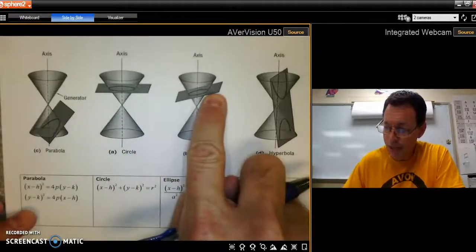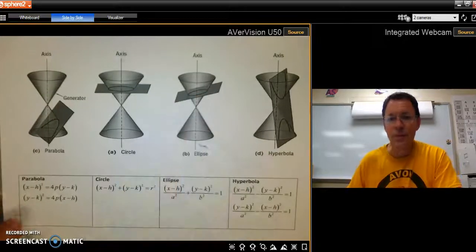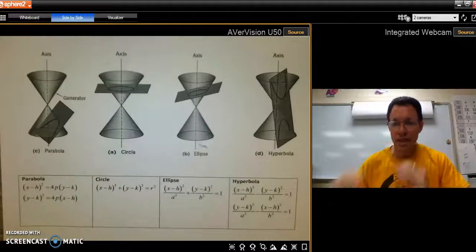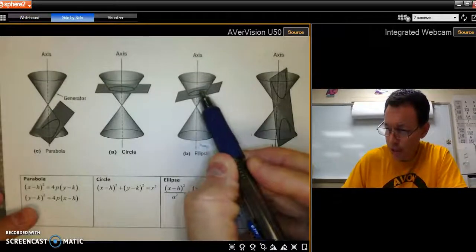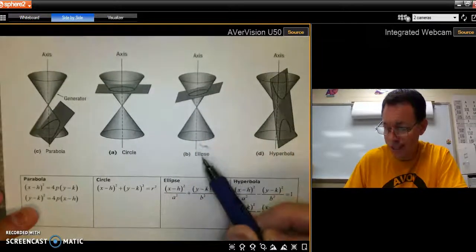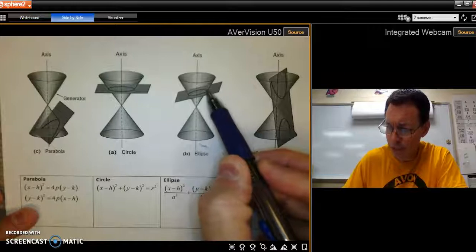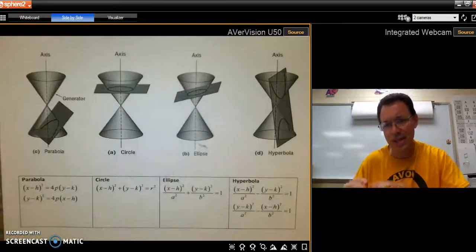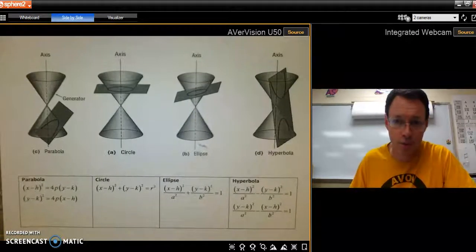If you slice at an angle, it's going to take that circle and elongate it in one direction. So that's what's going on here. This is called an ellipse, where it comes in, hits one side, but it comes out not parallel to the base, and so that changes the shape of our circle a little bit.